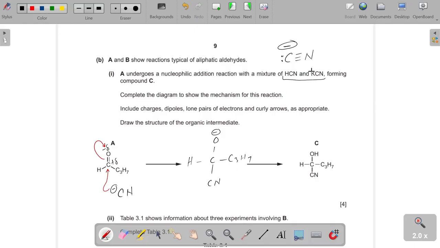You have a mixture of HCN and KCN. The hydrogen with triple bond to CN, like another nucleophile, will be generated. It will attack this electropositive carbon and you will get this OH. Is it clear? So you are regenerating this cyanide as a nucleophile. It is actually a base catalyzed reaction.